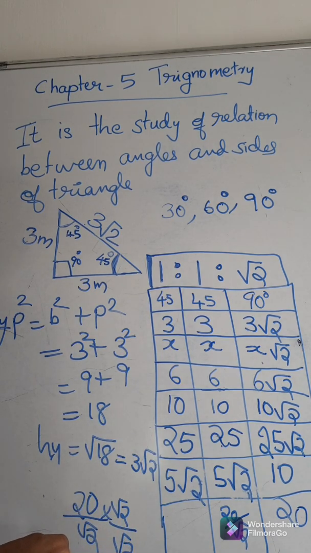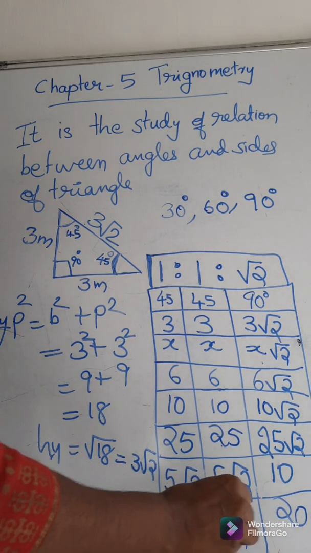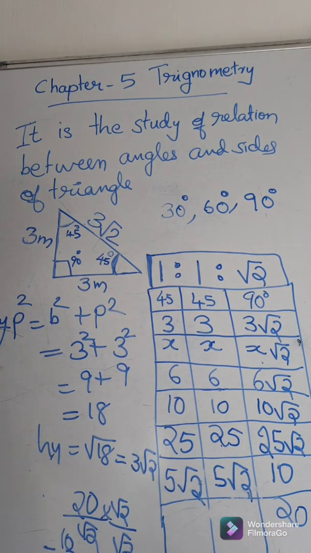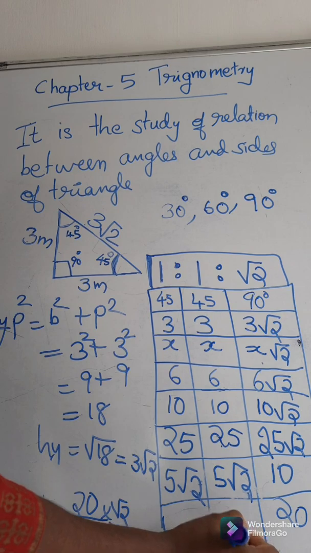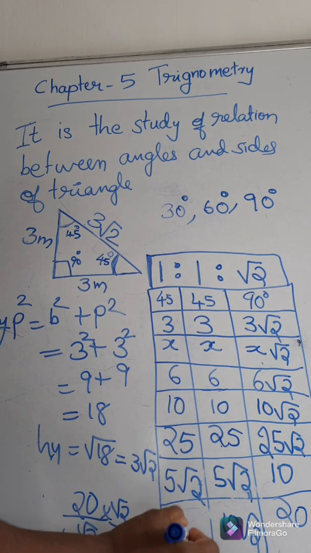So it will come 20 root 2 divided by root 2 into root 2, which is 2. So it will come 10 root 2. So 20 by root 2 is the same as 10 root 2. Here also 10 root 2.